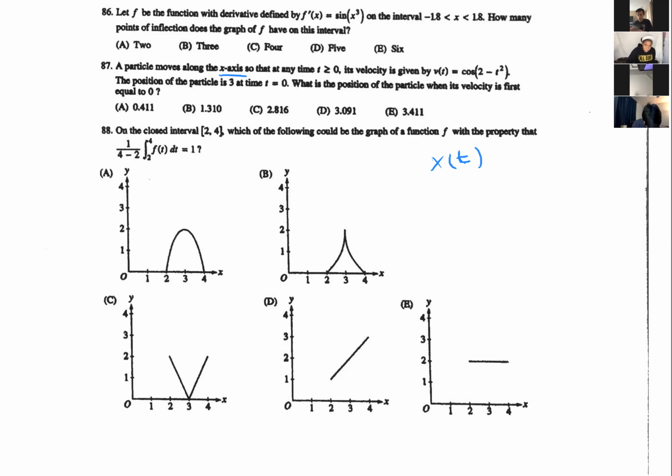Okay, so this is going to equal the integral from something to something of cosine of 2 minus t squared dt. Okay, so if you were to graph this function on your calculator, it's going to look like this.